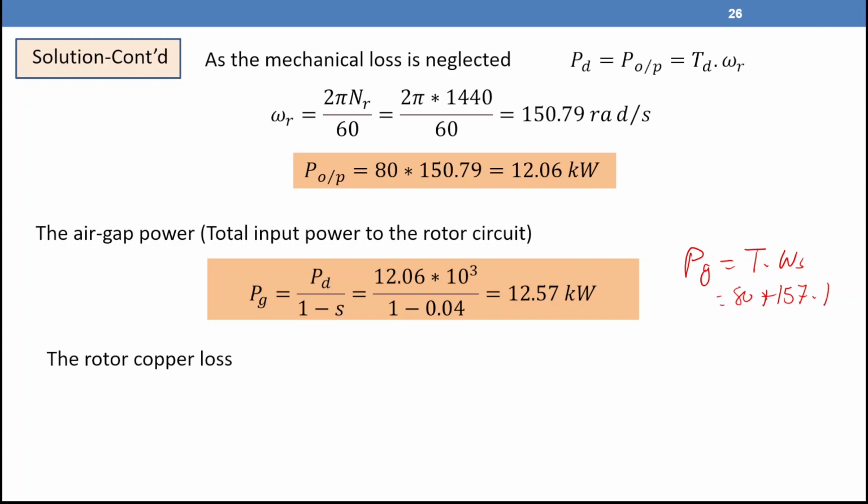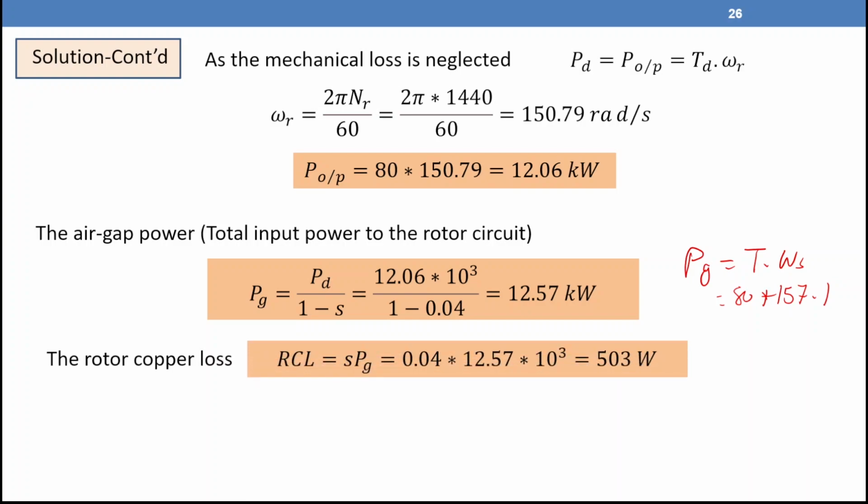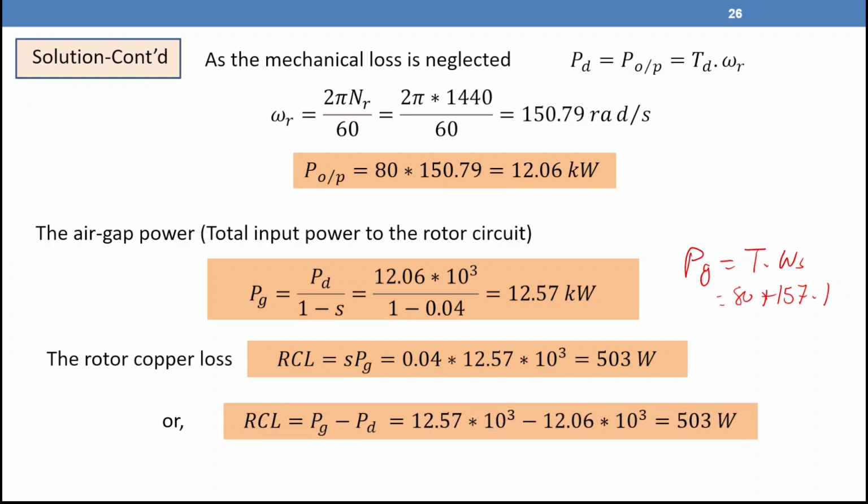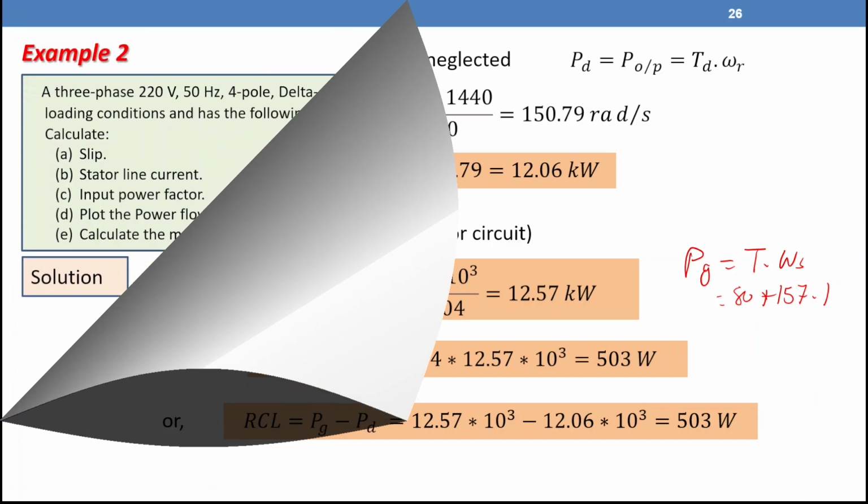To calculate the rotor copper loss, we can use the equation s times P gap. So we have s equal to 0.04, we have P gap, so that one is 503 watts. Or we can use P gap minus P developed, which equals the same value. So the example here explains how to calculate the power in the rotor circuit using the power flow diagram.